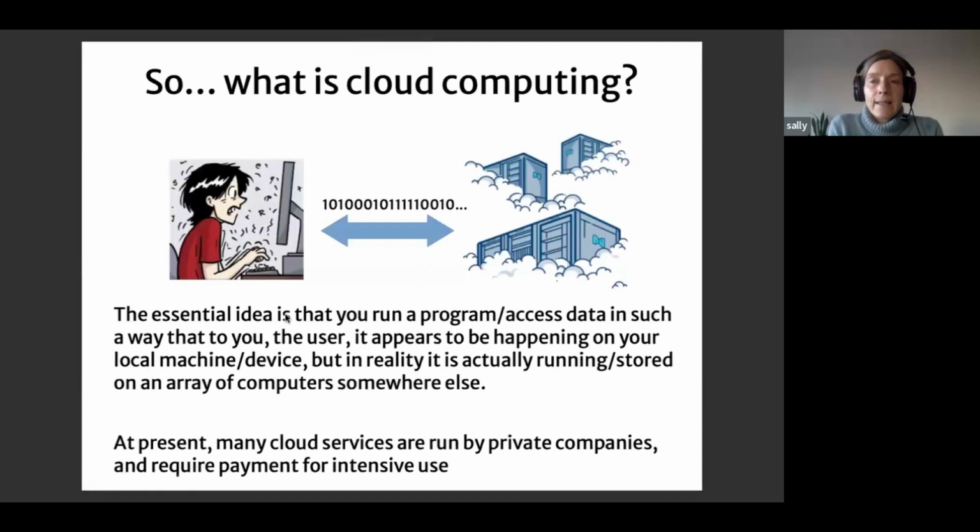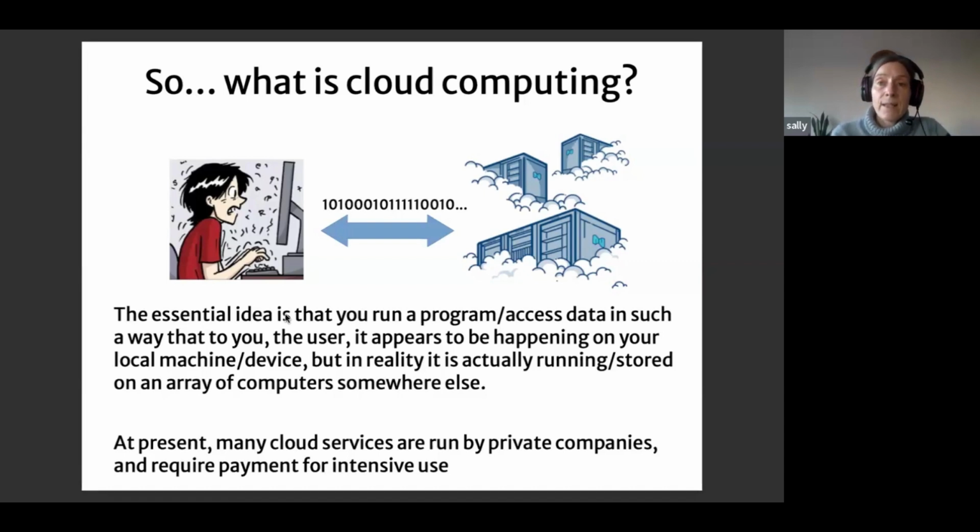So cloud computing, it's not always very clear what we're talking about. The basic idea behind it is that you're running programs or accessing data that are stored on somebody else's machine, and also performing calculations on somebody else's machine normally. And it happens in such a way that everything is very transparent.